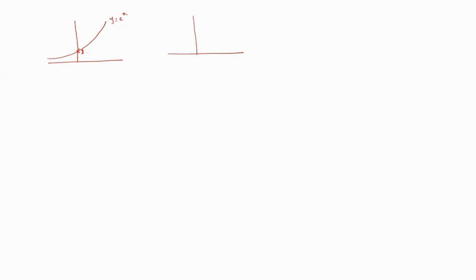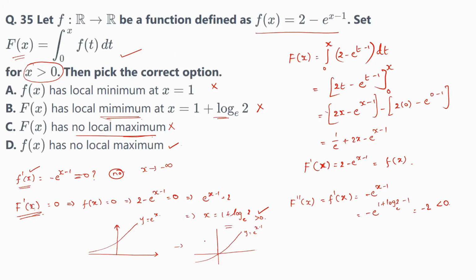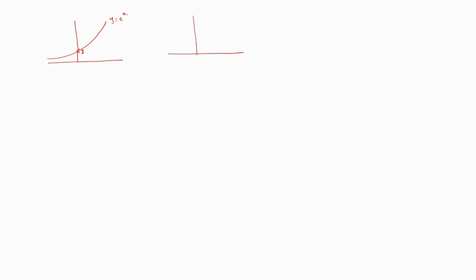E power x minus 1, I'm sorry, this does not look like this. It looks like this, right? At x equal to 0, it would be smaller. This would be e power minus 1. So this is shifted by 1.